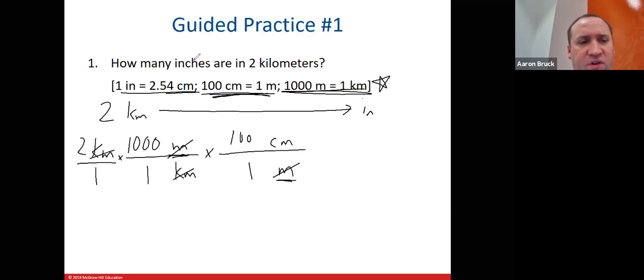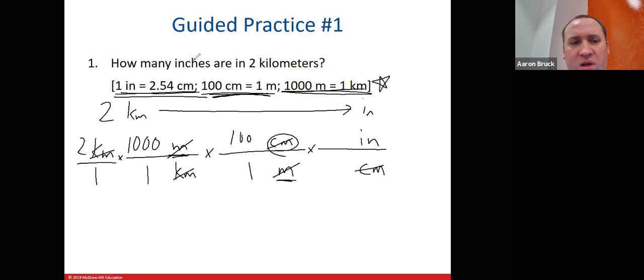My last conversion, I need to convert centimeters into inches. I can see centimeters in my numerator here, so centimeters needs to be in the denominator here so it cancels. Inches will be in the numerator. The conversion is 1 inch for every 2.54 centimeters.